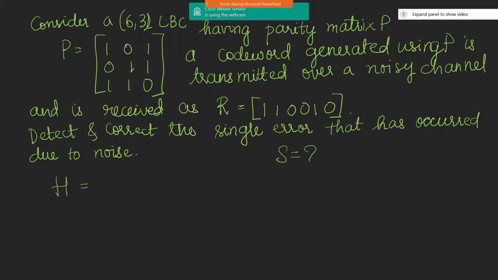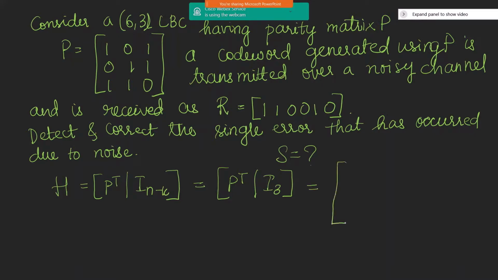So H is obtained by appending the transpose of the parity matrix along with the identity matrix I suffix n minus k. So I can write this as P transpose appended with the identity matrix of dimension 3, because n is 6, k is 3, so this would be I3. I'll take the transpose of this provided matrix. It is 1 0 1 0 1 1 1 1 0.